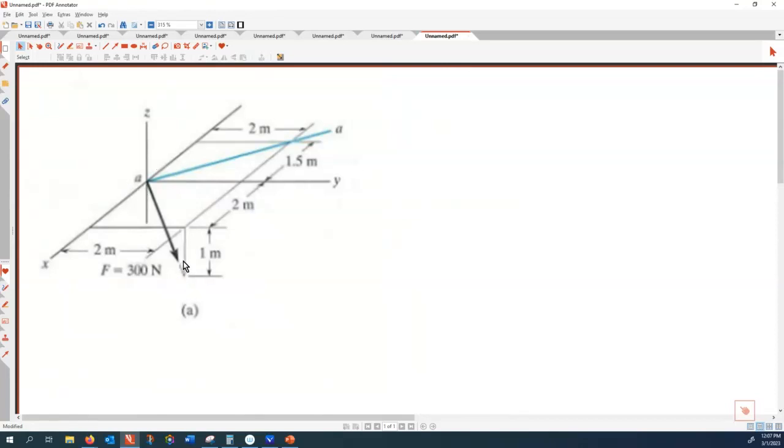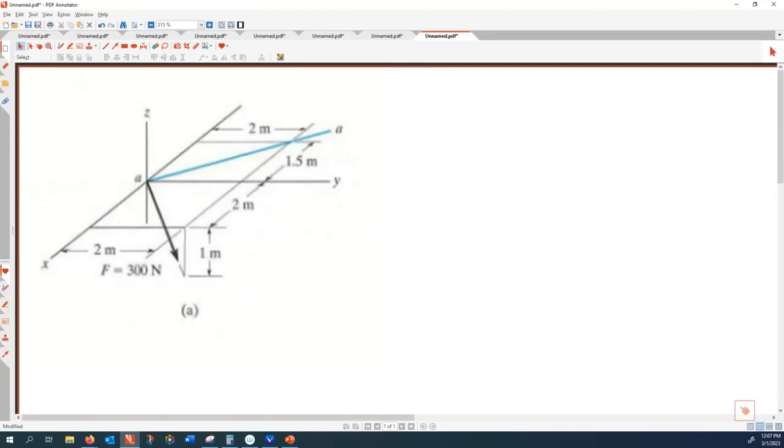So here we have a force which is three-dimensional. We have a direction which is three-dimensional. Not very easy to visualize. It has all three components, ijk, in it.